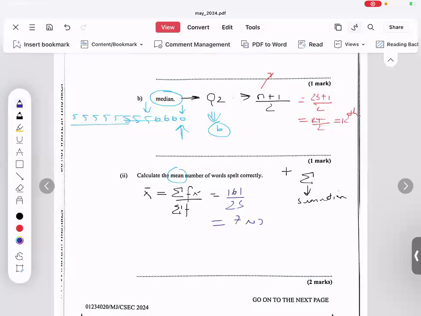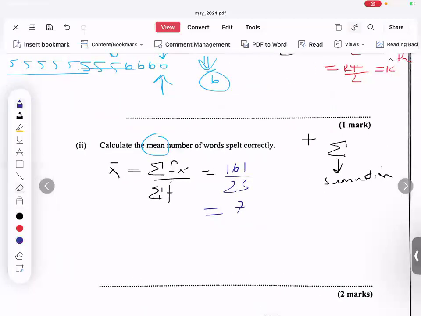So basically, we had 50% of the class spelling 6 words correctly, but the average for the class is 7 words. Even though we have some people that spelled 10 words right, their score doesn't really affect the overall result. The mean, the average, the overall score line, we had quite a bit of persons at the peak spelling at least 7 words right.